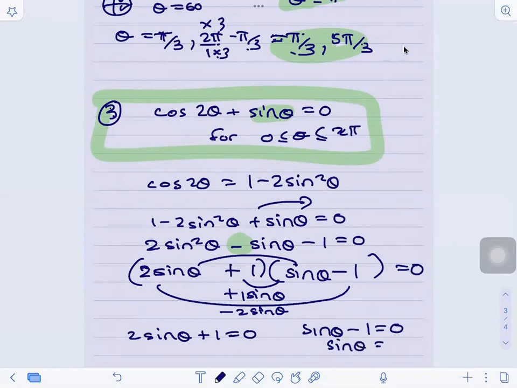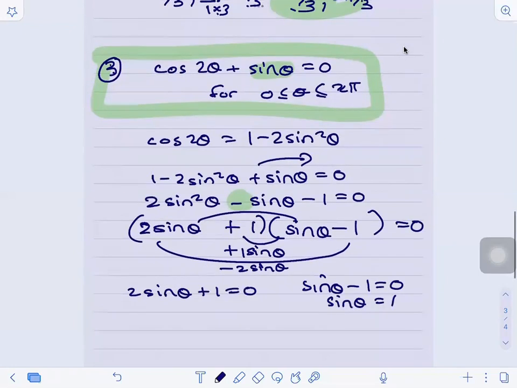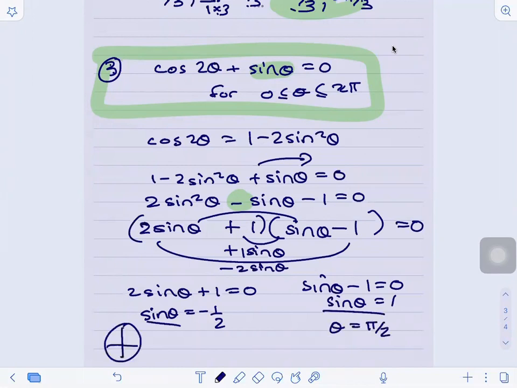So then you end up with sine theta is minus a half, and sine theta is 1. Sine theta is 1, that would be at 90. Sine theta is minus a half. Well, sine is negative here and here.